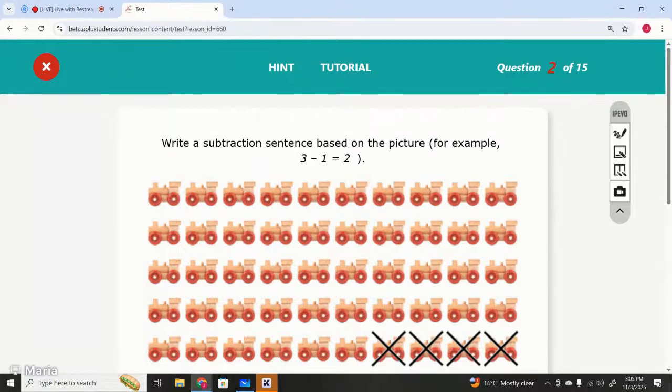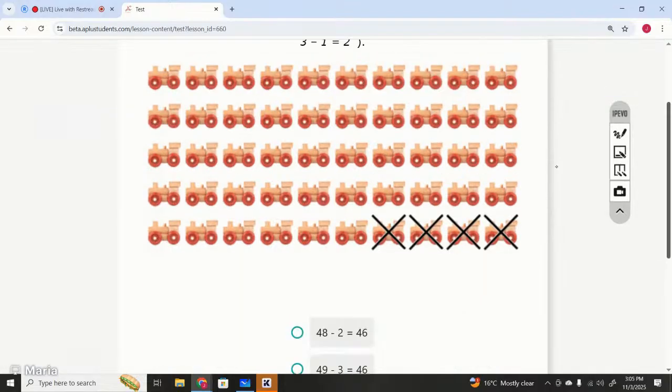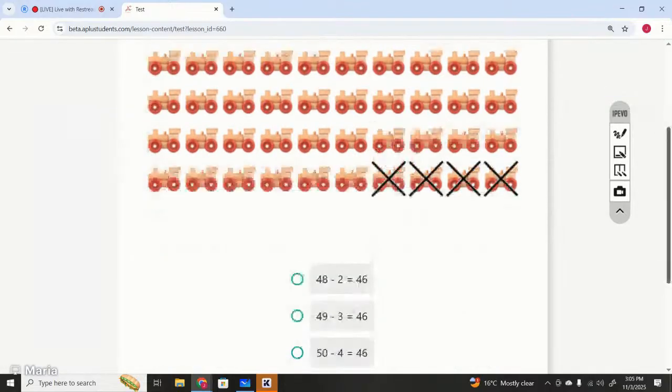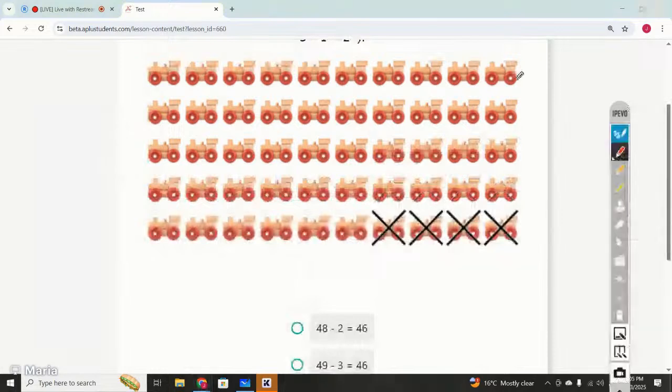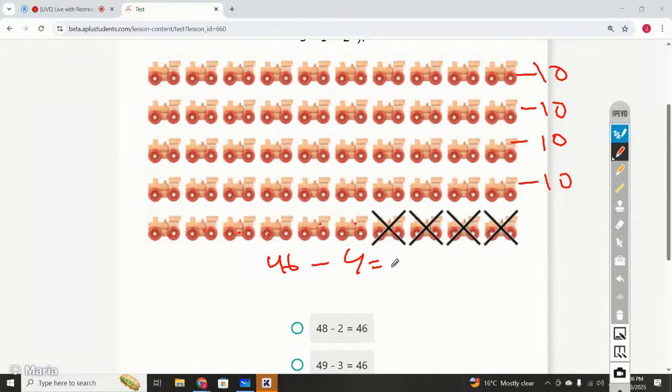Write a subtraction sentence based on the picture. We know that in one line there are 10 of them: 10, 20, 30, 40, 41, 42, 43, 44, 45, 46.